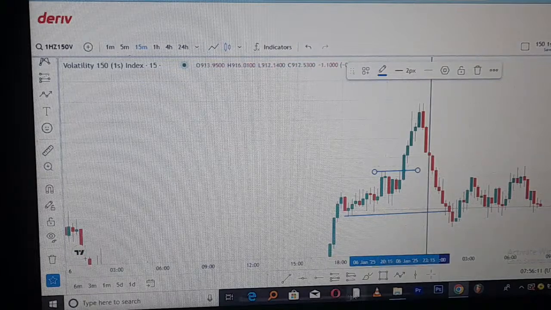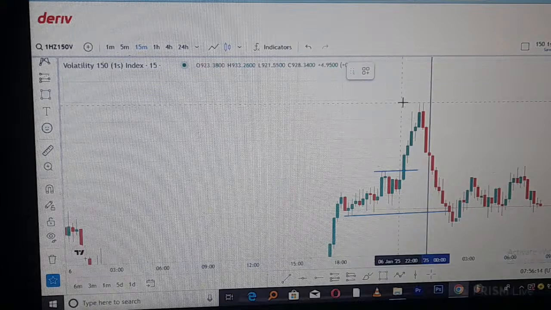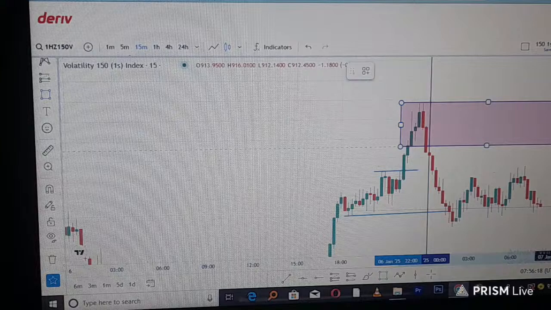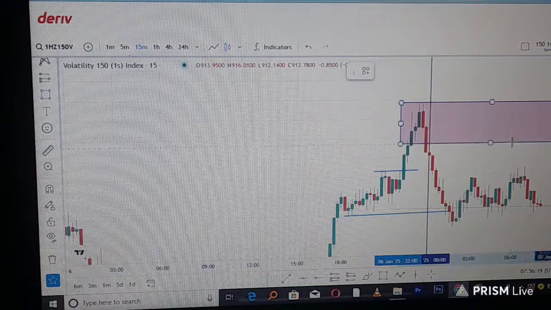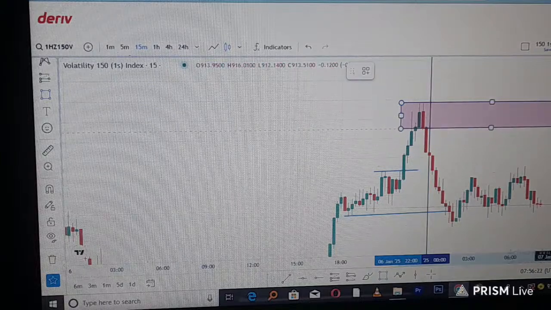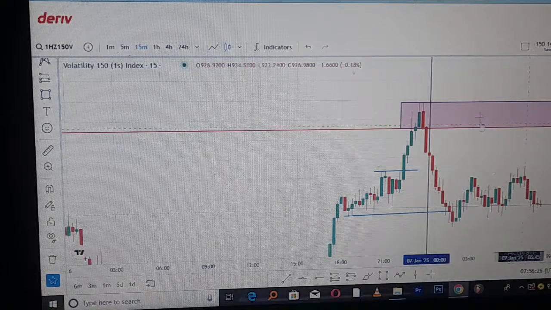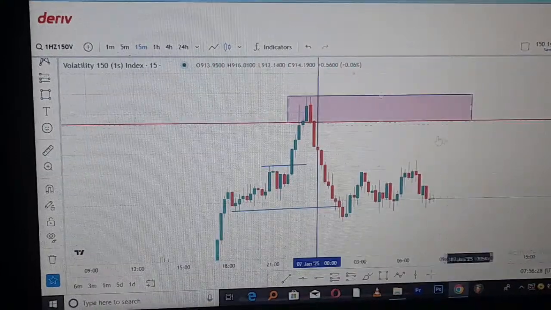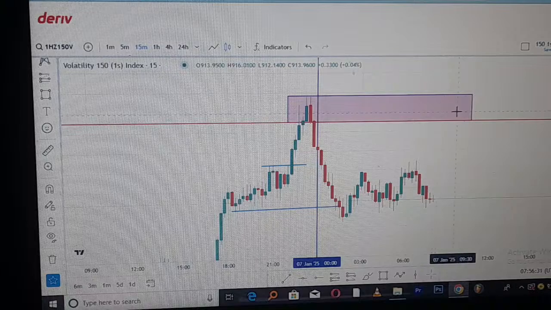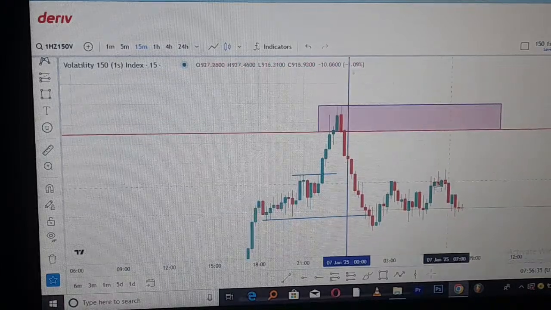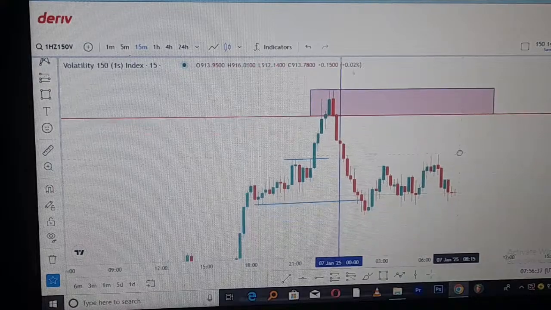We have to wait for the market to pull back to these regions, to this area here. When it comes back to this area, that is when we are going to take our sales.